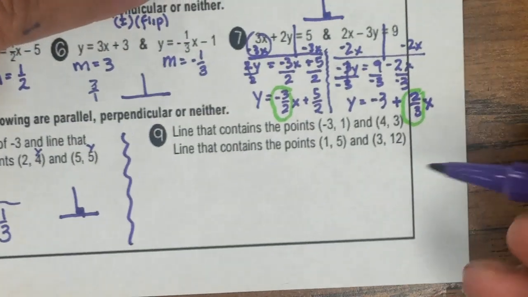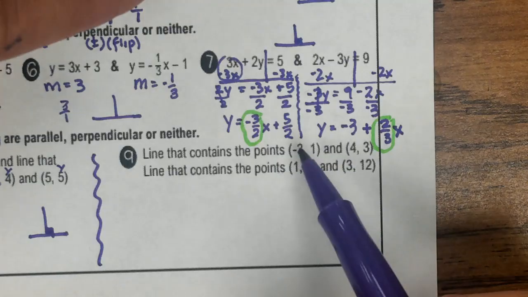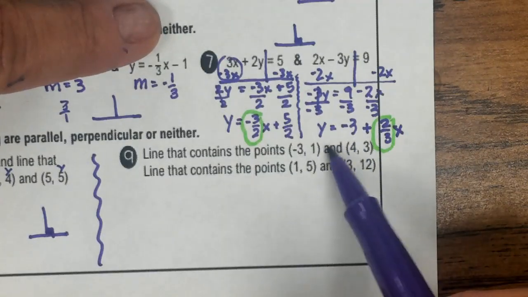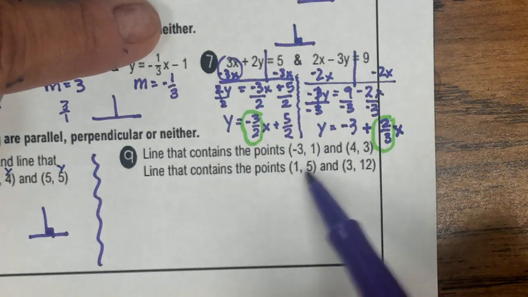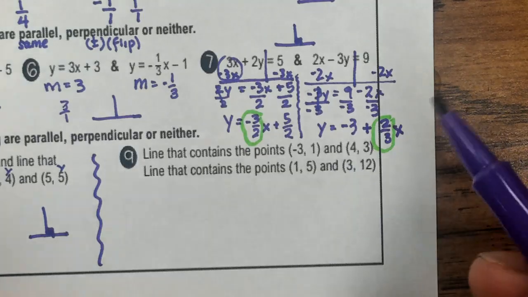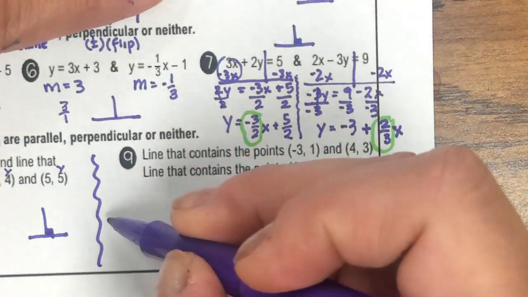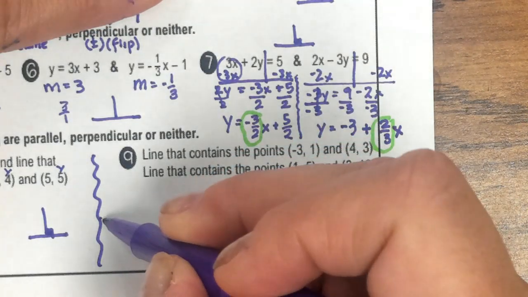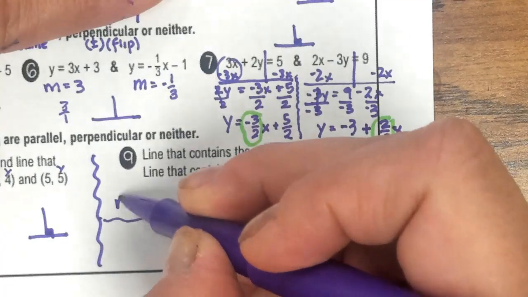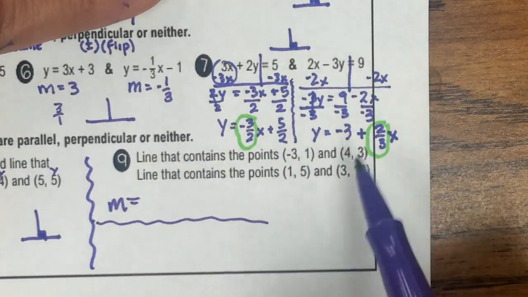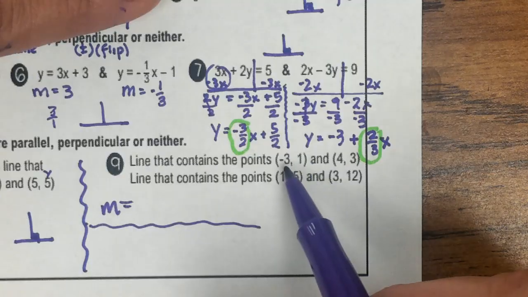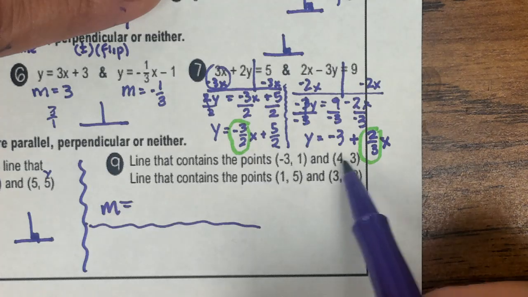All right, and the last one, you're going to have to find the slope of this line, which is these 2 points, and the slope of this line, which is these 2 points. So we will do the first one. M equals, ready? So the first one says (-3, 1) and (4, 3). So ready?